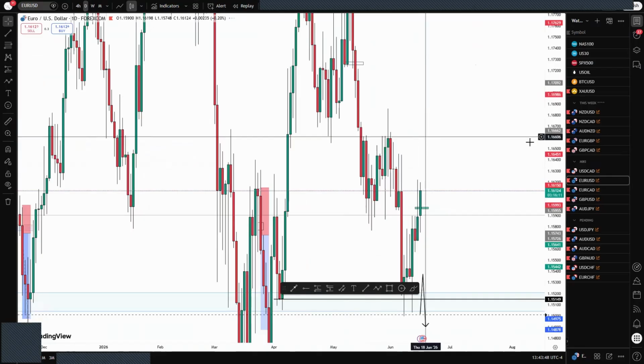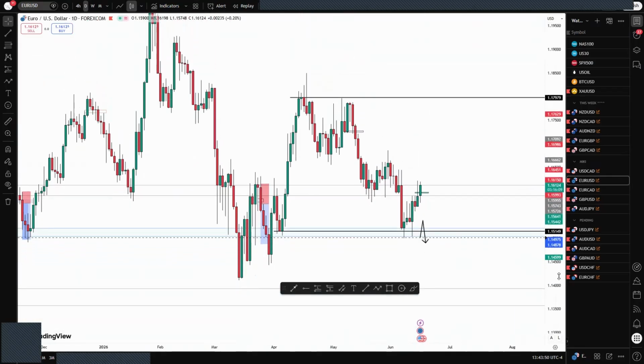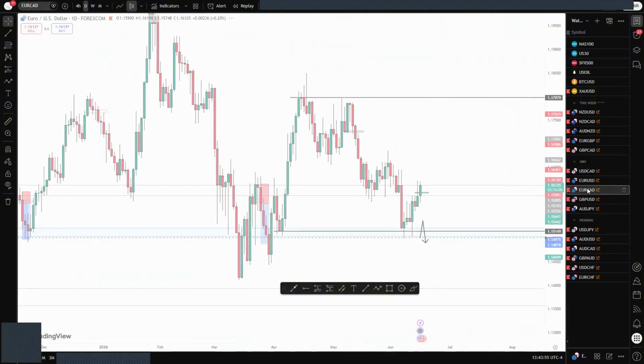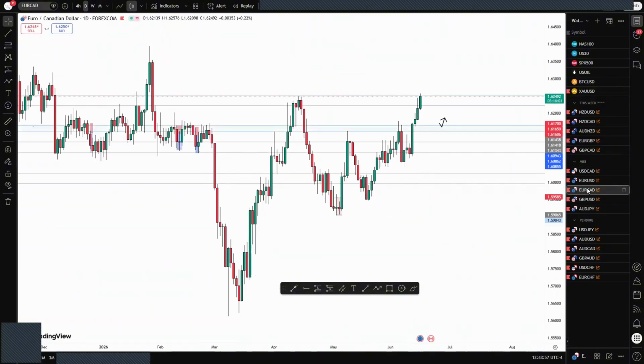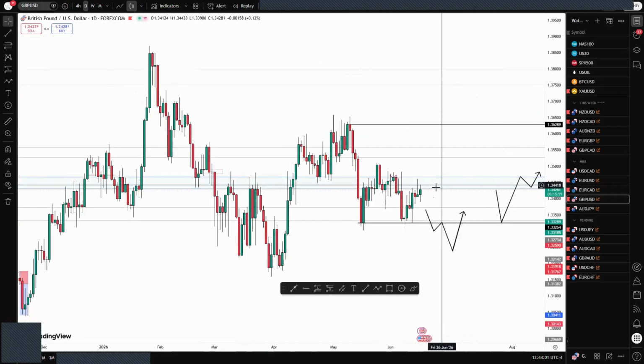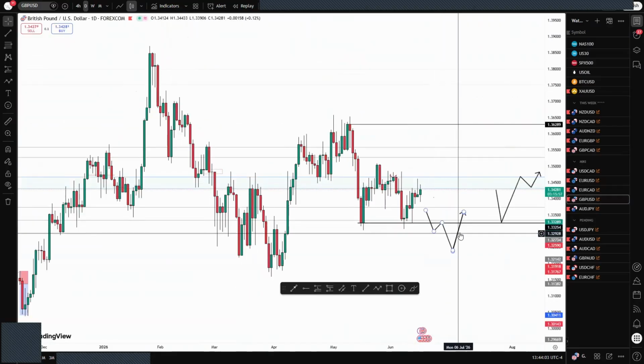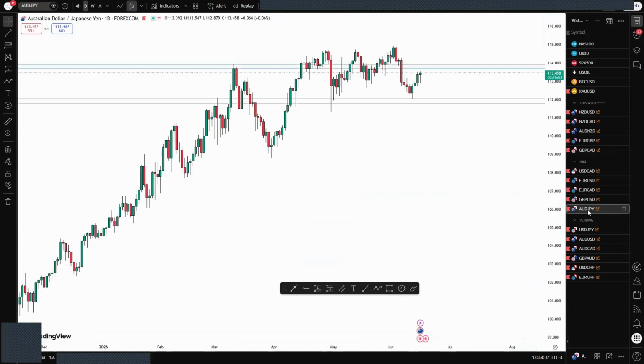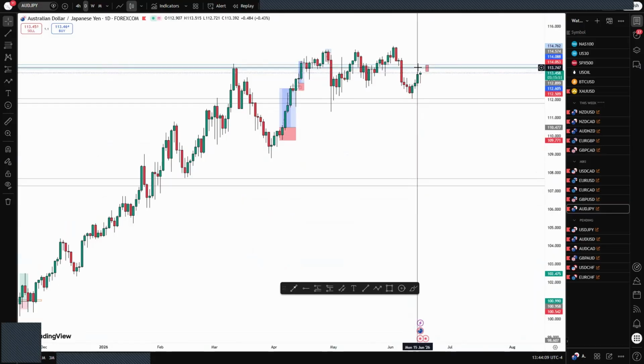Rest, I think it's just the same thing up to now. Euro, no break below. Euro card, no retest. GBP card, no break below. Maybe JPY, no retest yet.